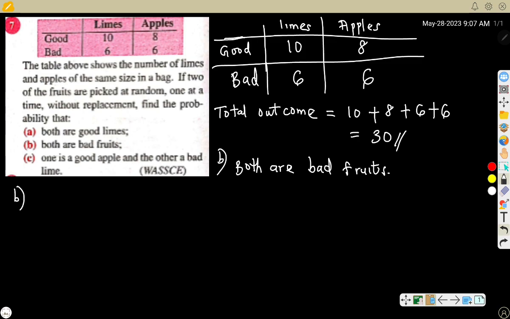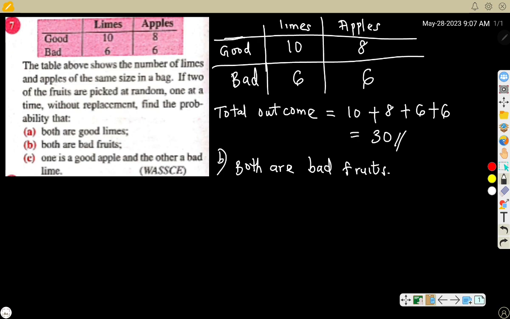Both are bad fruits. If you look at the first question A, both are good limes. Do you see the question mentions the fruit, lime, so we can easily go straight to limes. But here, both are bad fruits. The question did not say maybe it is lime or it is apple. They don't mention. The question just said that both are bad fruits.